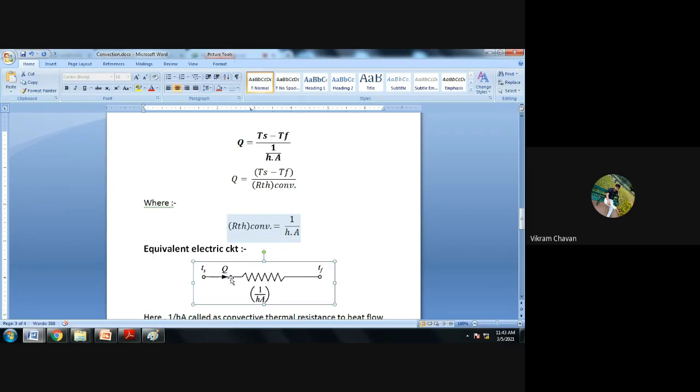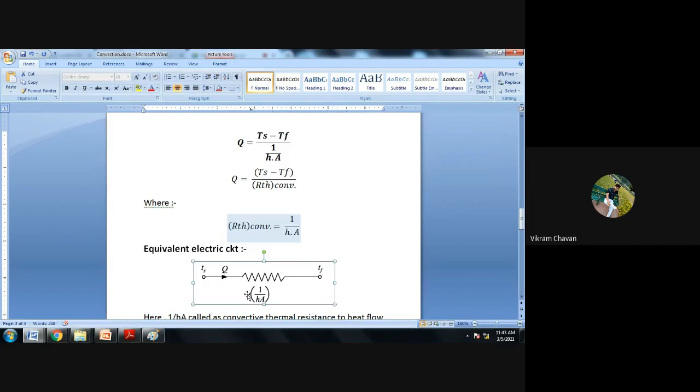The heat transfer direction is shown here, Q amount of heat is transferring, and the resistance offered to heat transfer is nothing but 1 upon H multiplied by A. This resistance symbol is the thermal resistance offered for convection heat transfer, and its equation is 1 upon HA.